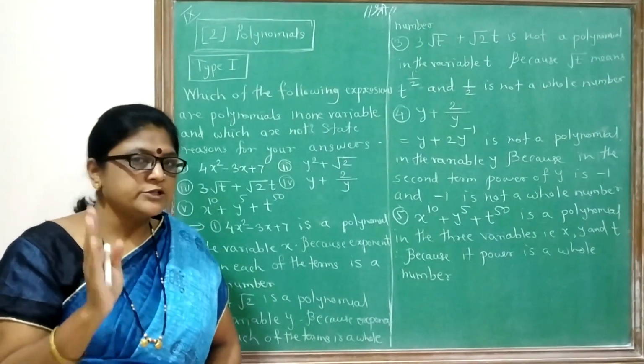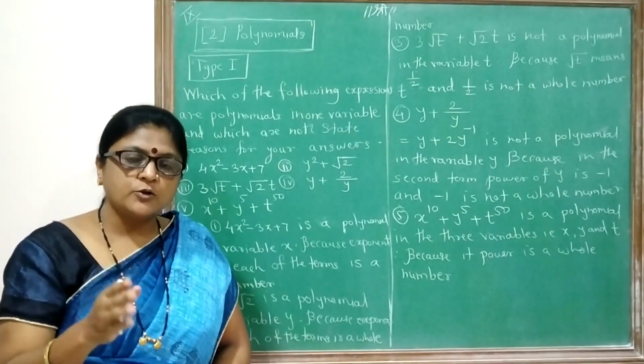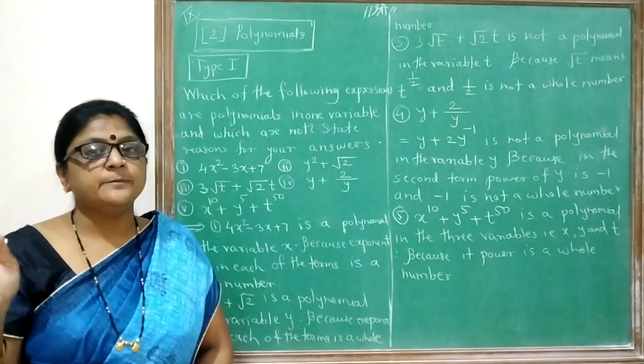And the whole numbers are 0, 1, 2, 3 up to infinity.